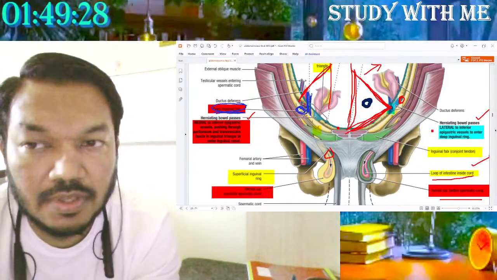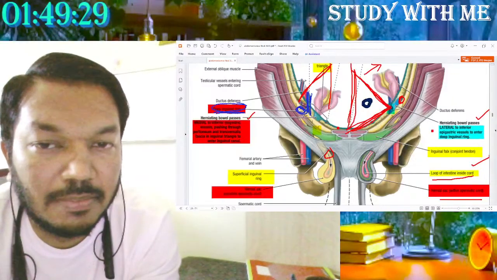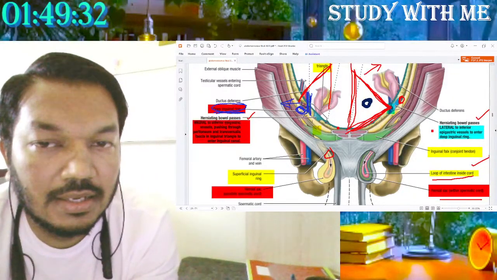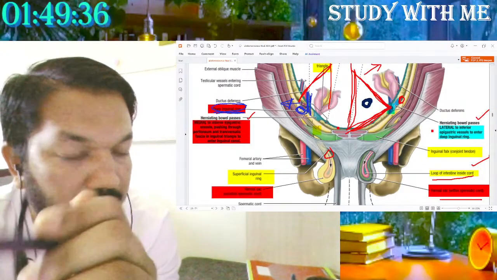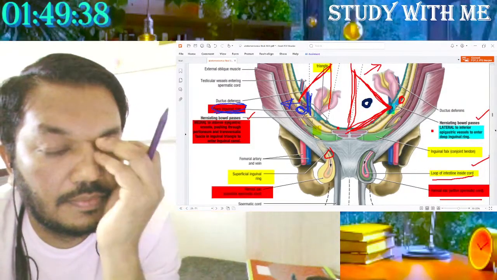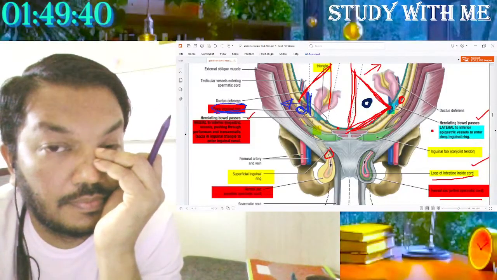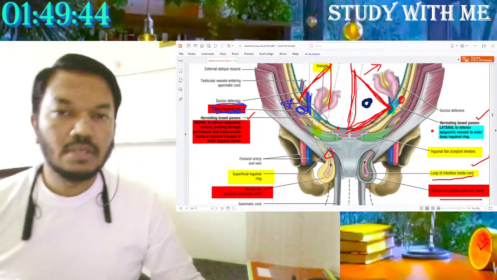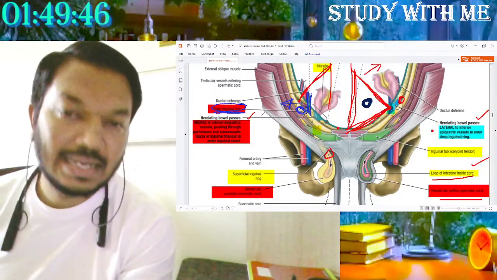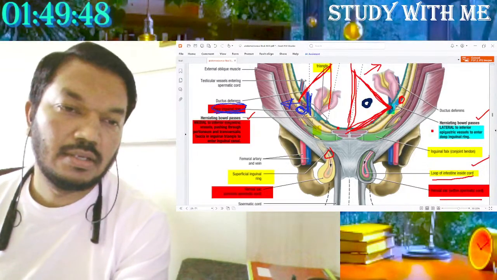Just imagine deep inguinal vein. It remains lateral to the external iliac vessel. Clear? Deep inguinal vein will be lateral to the external iliac vessel.